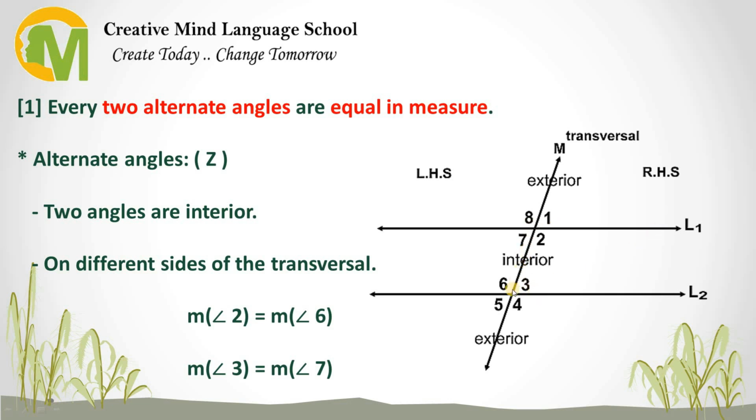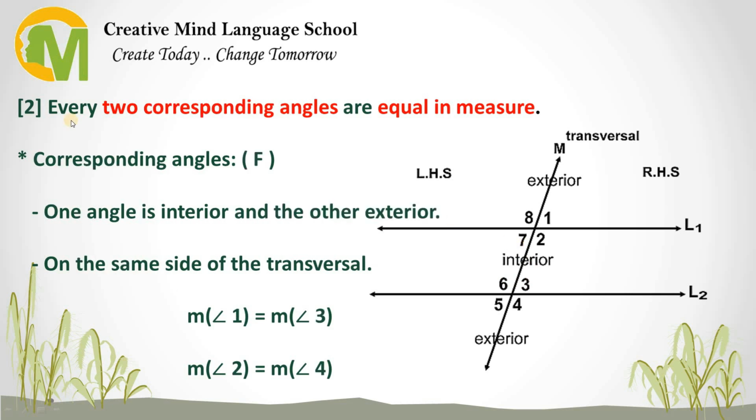Also, we have another Z here between the two parallel straight lines and the transversal, carrying angle 2 and angle 6. The rule says that every 2 alternate angles are equal in measure. Then, according to this rule, we can say that the measure of angle 2 equals the measure of angle 6, and also the measure of angle 3 equals the measure of angle 7.